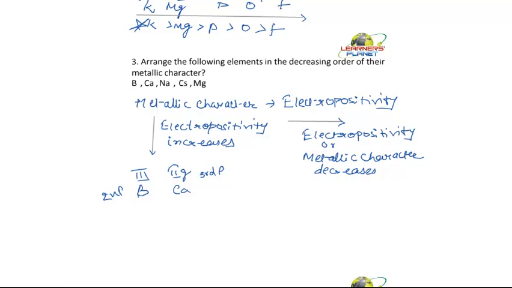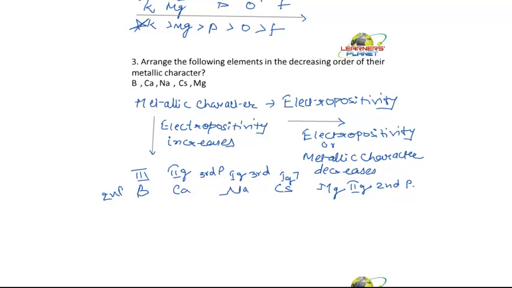And third period. Sodium belongs to first group and third period. Cesium belongs to first group and seventh period. Magnesium belongs to second group and second period, right?